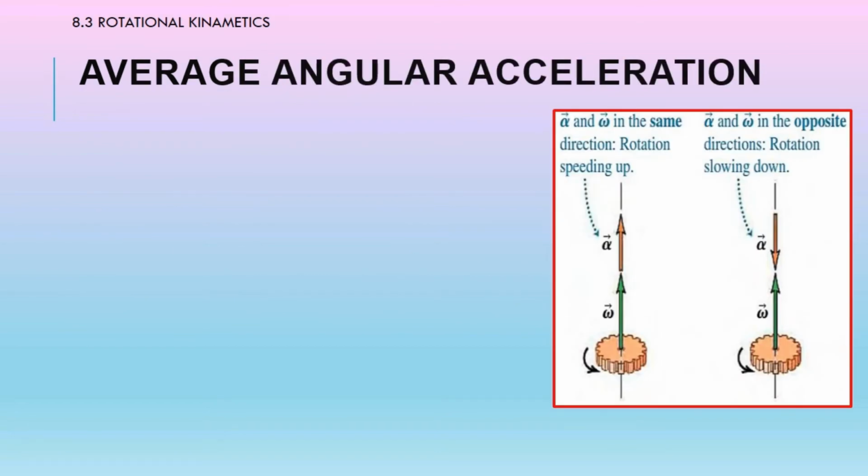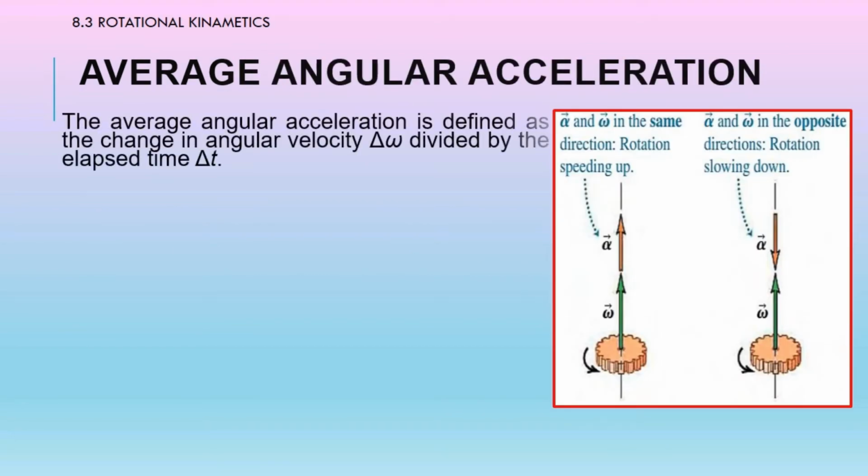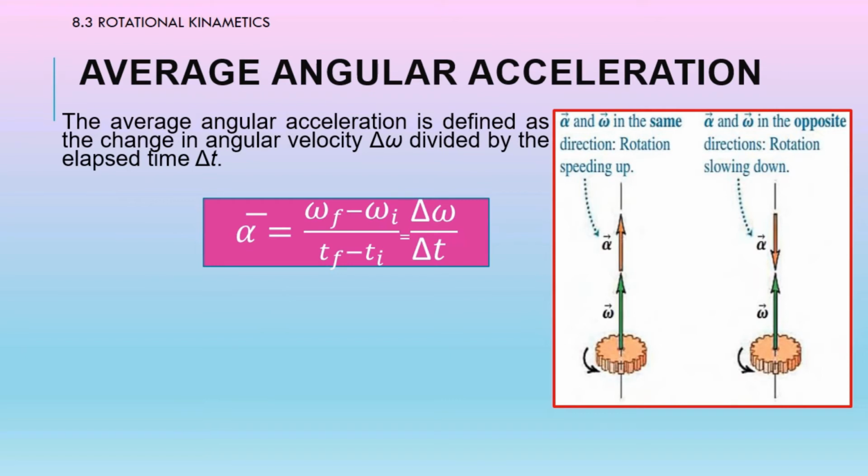Average angular acceleration. The average angular acceleration is defined as the change in angular velocity delta omega divided by the elapsed time delta t. It is represented by the formula alpha bar equal to delta omega divided by delta t.